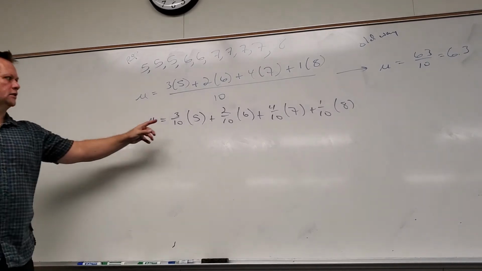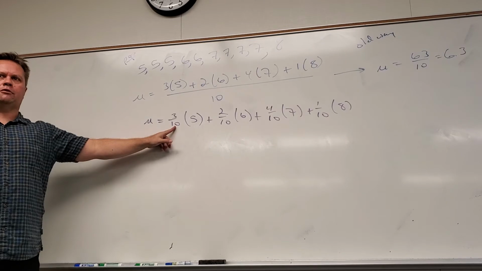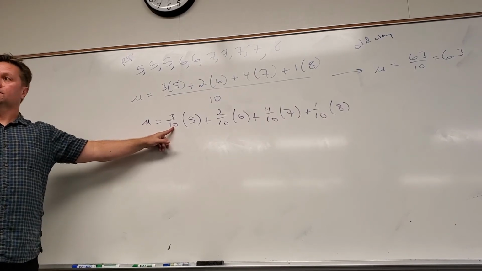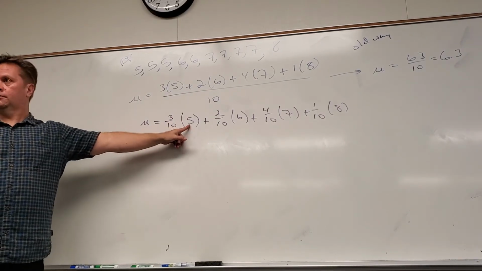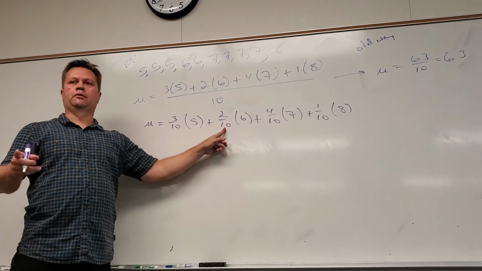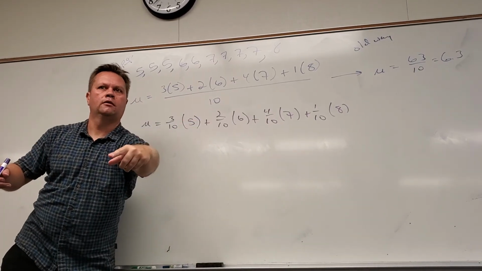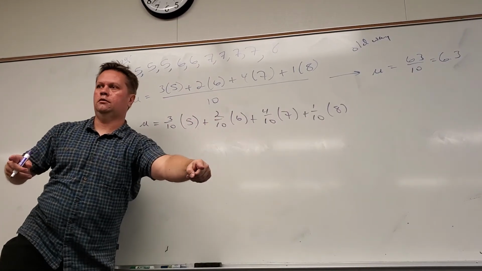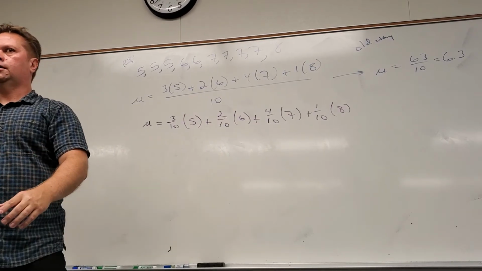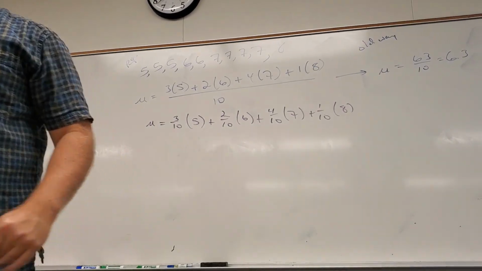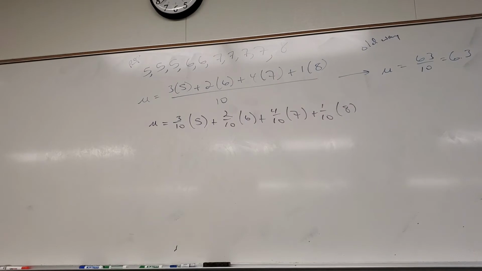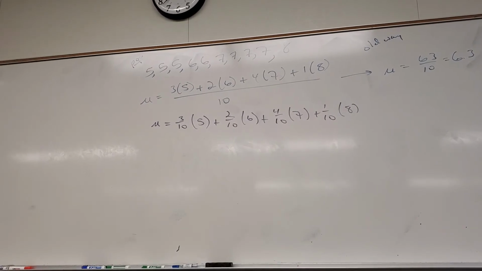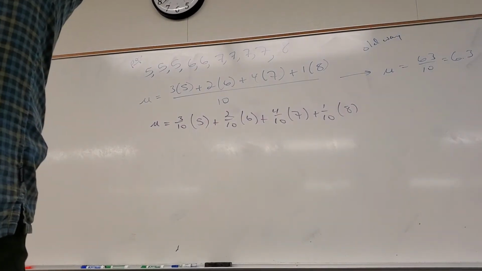Why does this make sense? What is 3 divided by 10? 0.3, 30%. 30% of my numbers are 5s. 20% for there. Oh yeah, right? I like it. This is related to how you calculate your average with somebody like me that has the averages with percentages.